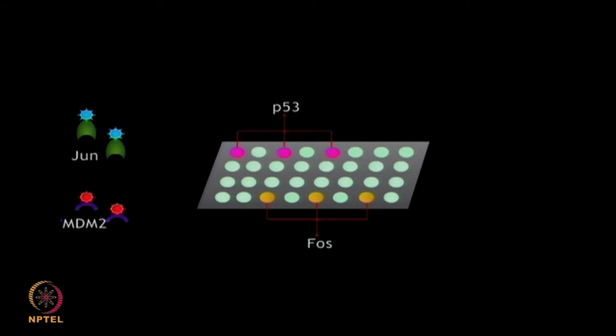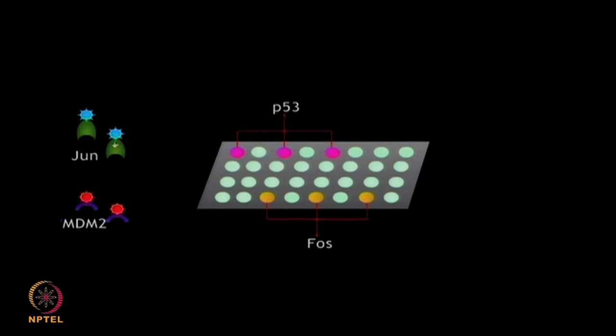Now, by using this interactivity, let us match the protein interacting pairs such as Jun and Fos, P53 and MDM2 by dragging the query to the correct protein on the array surface in order to see the signal output. So, on the array surface there are both P53 and Fos proteins present.